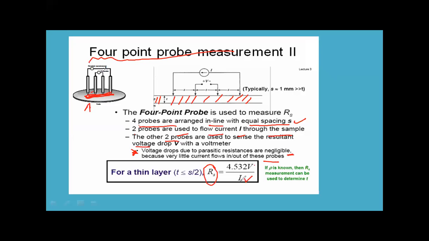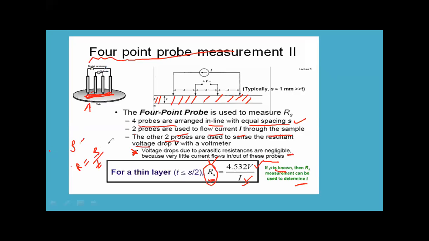Once you know the voltage and current, you can measure the resistance of the sheet. Once you know the resistivity, you can also measure the thickness. R is equal to rho by T. So if you know T, rho is known, right?